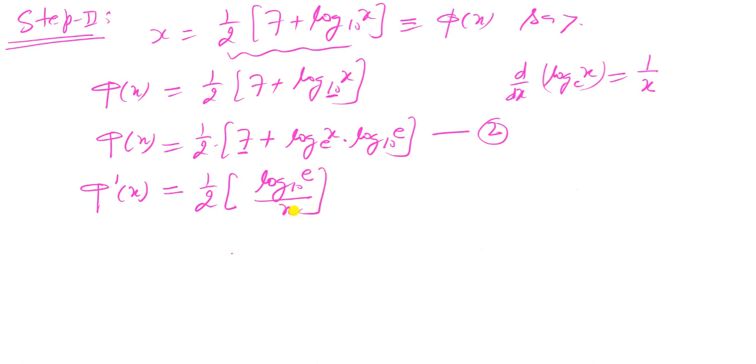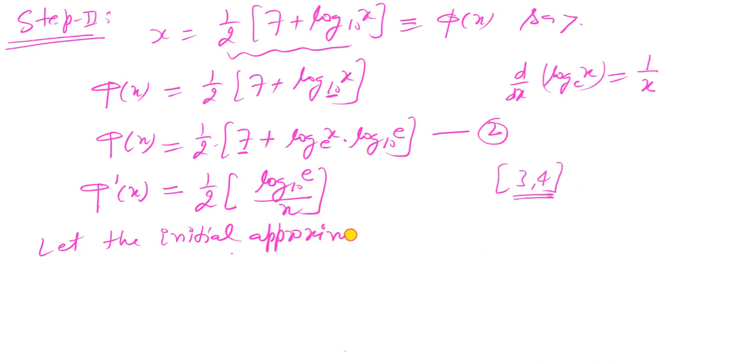Because we have the interval 3 and 4, in that case we consider an initial approximation. Let the initial approximation be x naught, and x naught is equal to, say, here I am taking 3.6, and this 3.6 belongs to 3 and 4, that is, 3.6 is lying between 3 and 4.